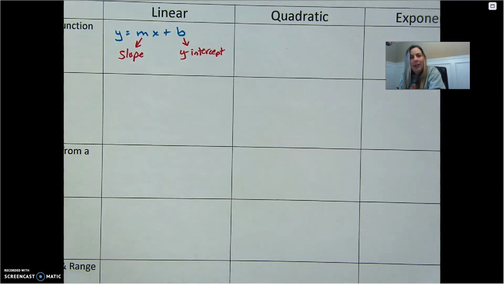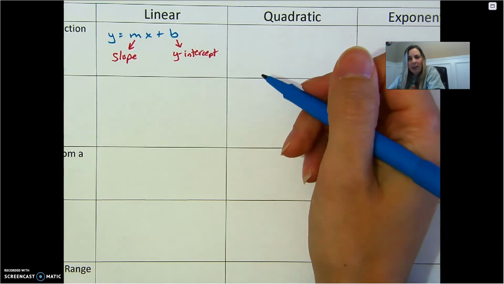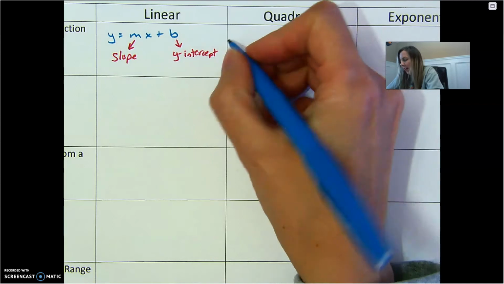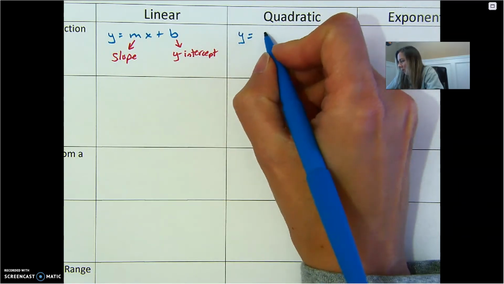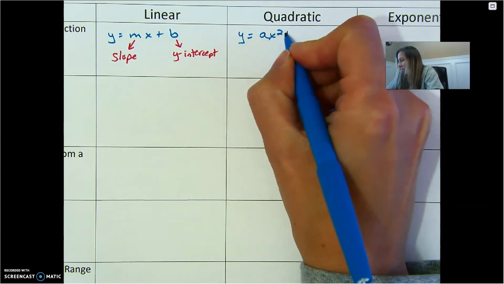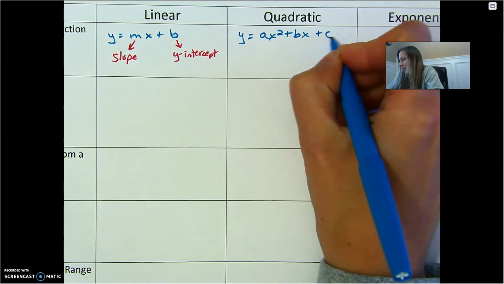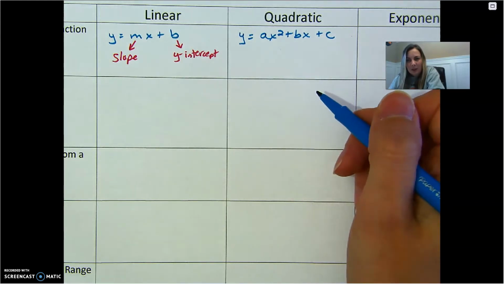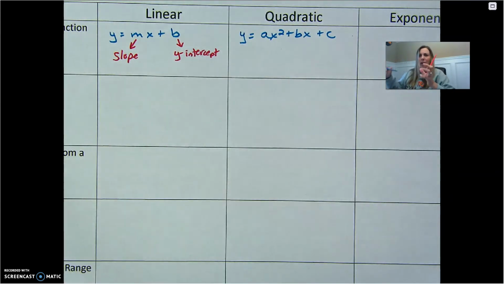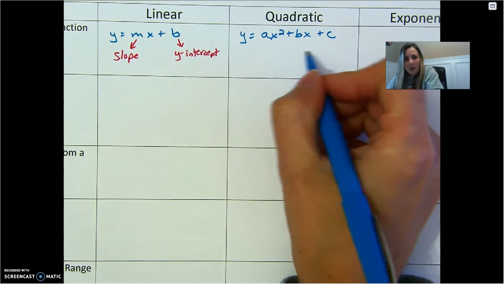All right, so then the next equation that we got into in February, March, was quadratic. So the quadratic equation looks like this. Y equals ax squared plus bx plus c. But there was also another way to write it. Do you remember when we would complete the square? We created a monster so that we could see what the vertex was real quick.